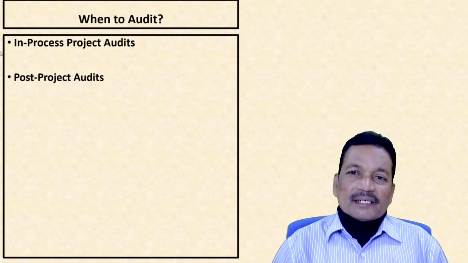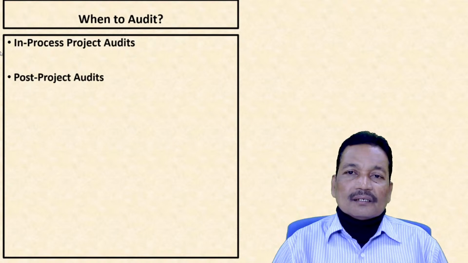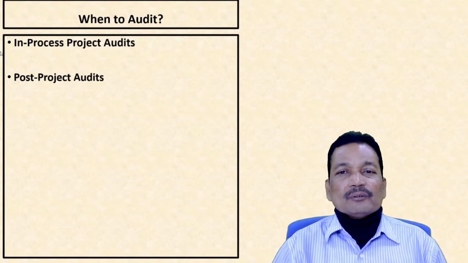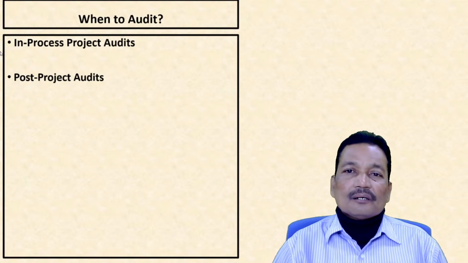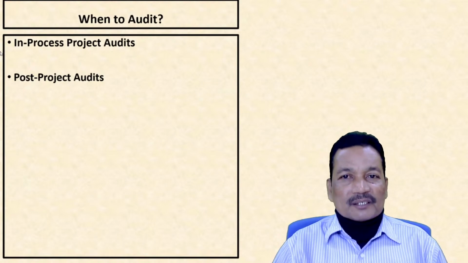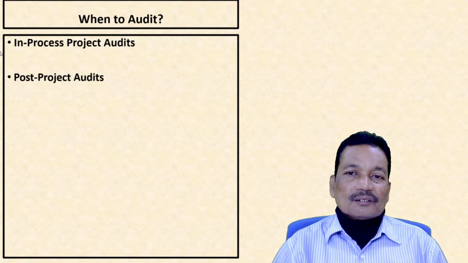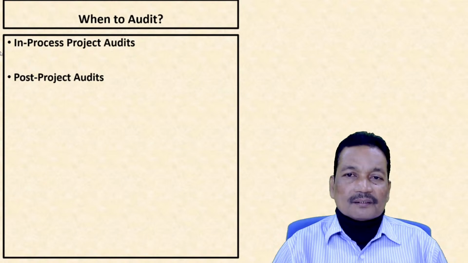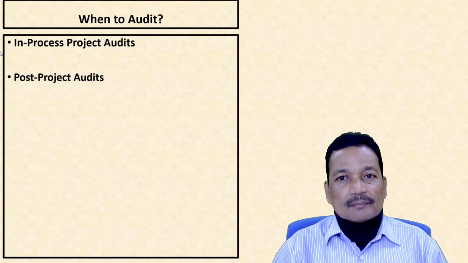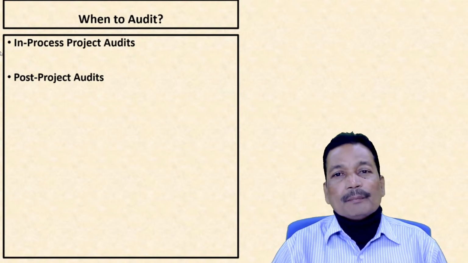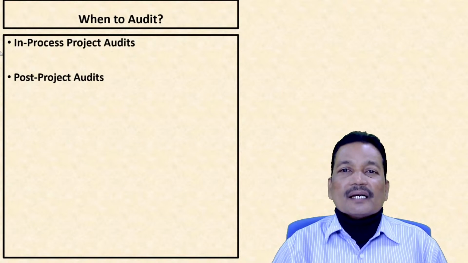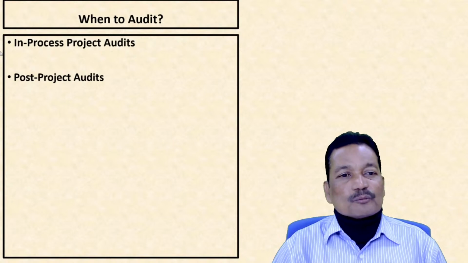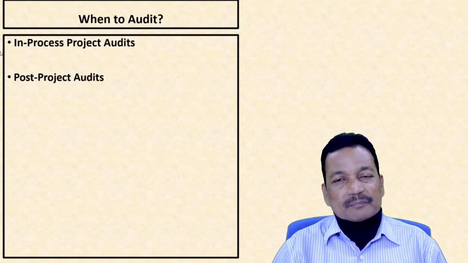Now, whether the outputs of the project, when it is actually into the operational stage, are giving or matching the objectives, maybe after 3 years, maybe after 4 years, maybe every year after it is closed. So post-project audits can be of two types.